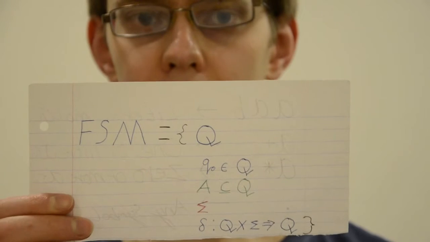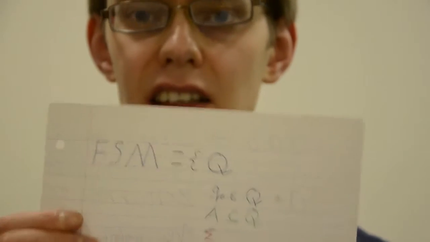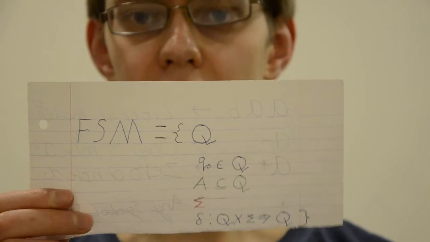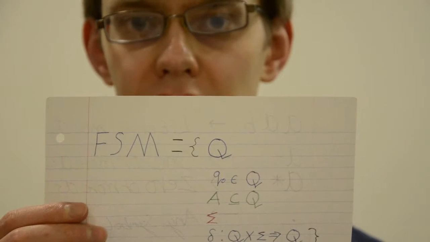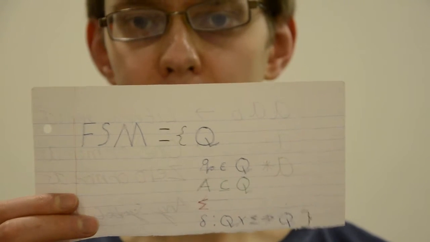Then there is the alphabet, which will be a set of symbols, in this case characters, from which the languages that the automata may accept or will attempt to recognize can be built.